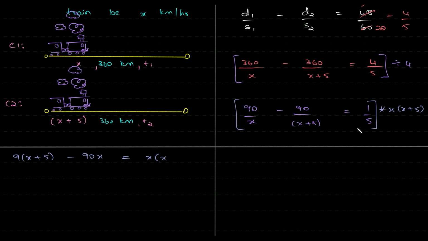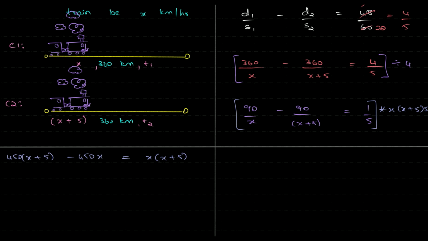Oh yeah, sorry, there's 5 also, my bad. We need to multiply throughout with 5 as well, so this would be 450. We have to multiply with 5 because the LCM is this into 5.